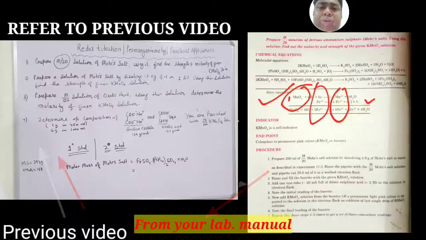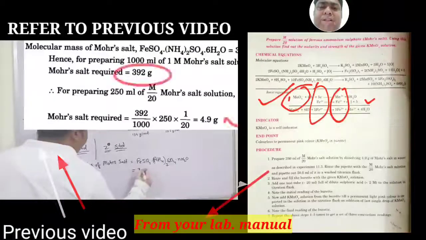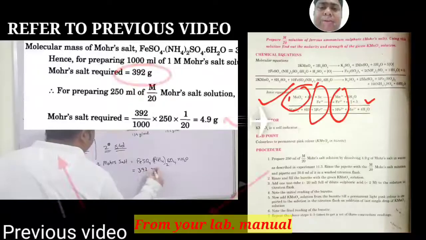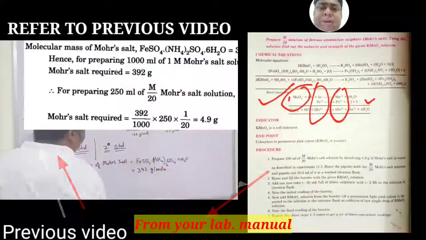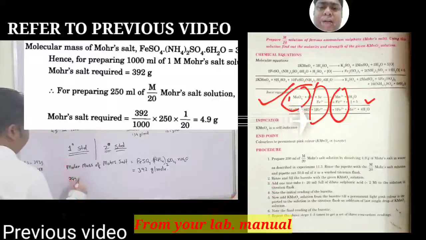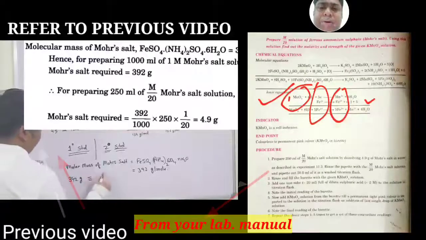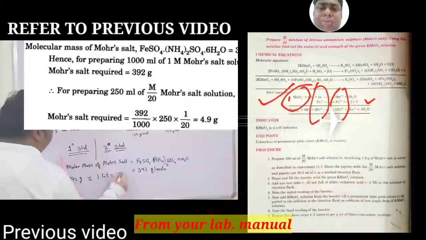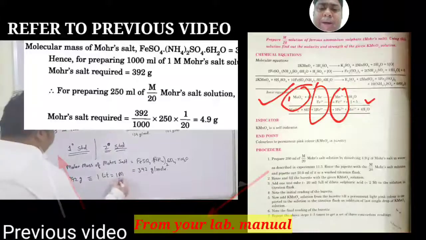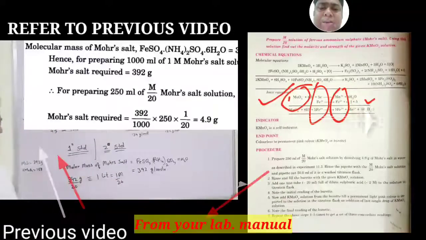I had shown you the faint pink color in the previous video which I had made. You can see how the faint pink color looks like. So the appearance of the faint pink color shows that the reaction has completed.